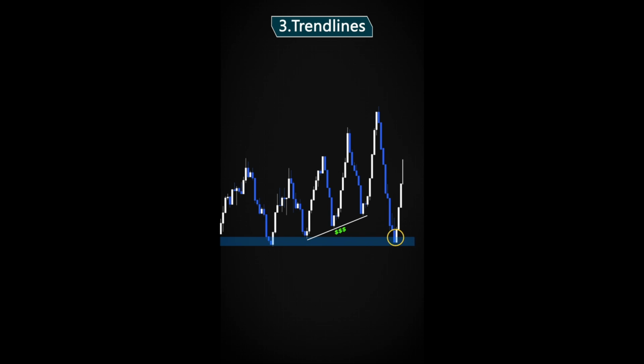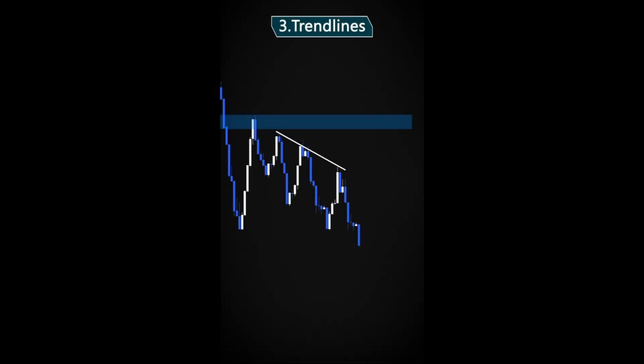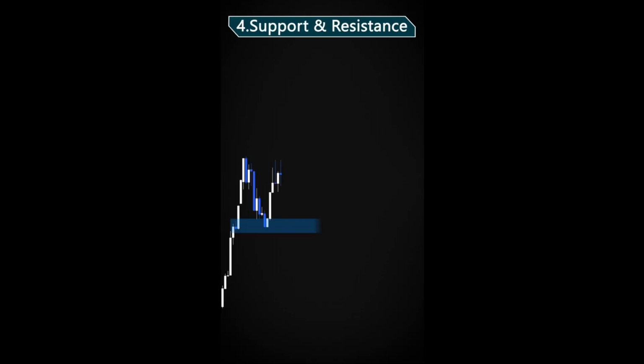After the sweep, price usually drives upward with strong momentum, continuing the uptrend. In a downtrend, price forms a falling trend line by connecting lower highs. Retail buy stops gather just above the trend line, and price often wicks above it to take that liquidity before continuing lower. Let's move on to pattern 4: simple support and resistance.